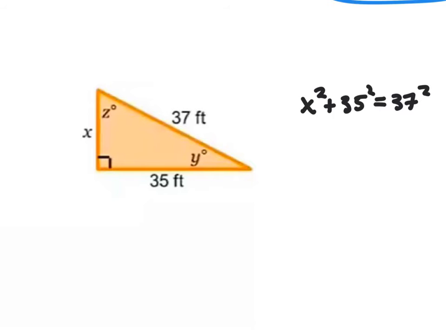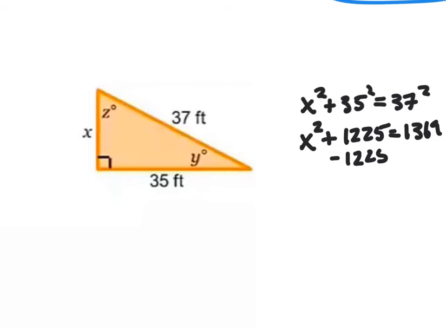All right, and so let's evaluate that. So 35 squared, we've got x squared. 35 squared is 1,225. And then if I take 37 and square it, that's going to give me 1,369. Now to solve for x, I'm going to subtract 1,225 from both sides.